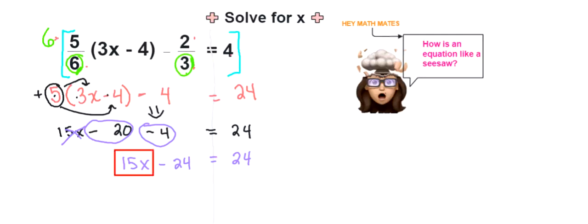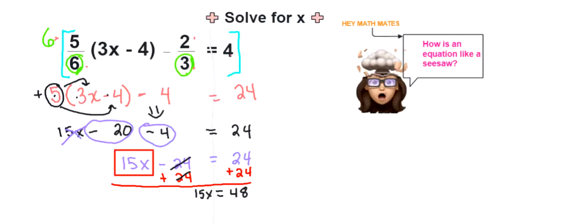So I've got a negative 24 here. To move it to the other side, we're going to add it. Whatever I do to one side, I've got to do to the other. So there we go. Now, by doing that, if you look, the negative 24 and the positive 24 cancel. And you're left with 15x equals 24 and 24 is 48.